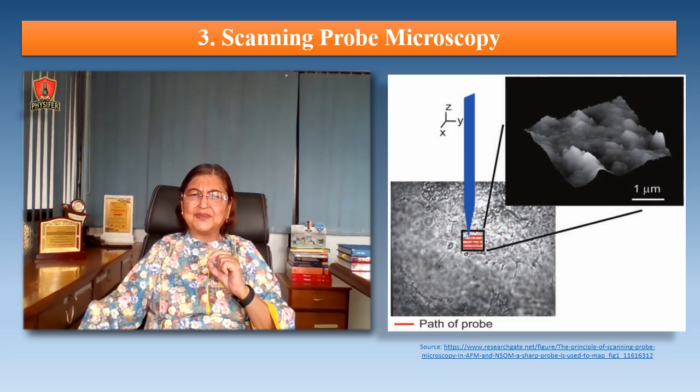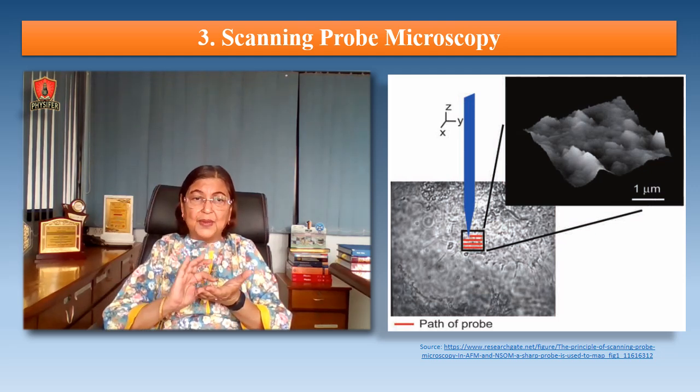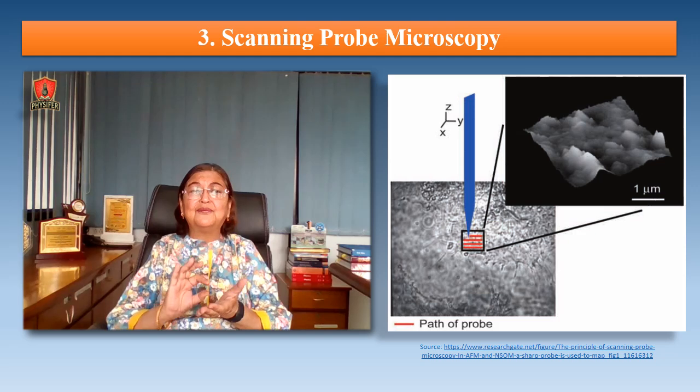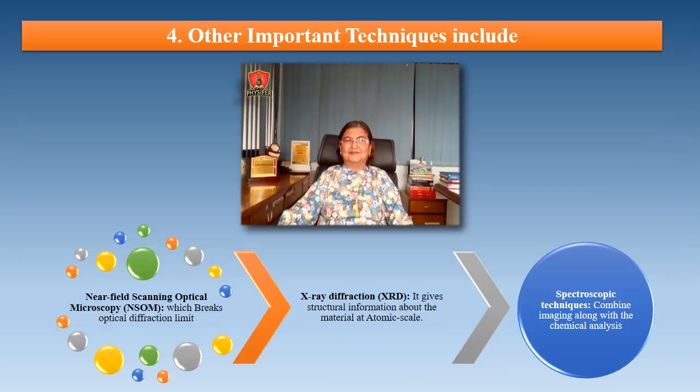This is done by physically scanning a probe over the surface while maintaining a constant probe-sample distance by force feedback. Examples of scanning probe microscopes are the atomic force microscope, AFM, and the scanning tunneling microscope, that is STM.